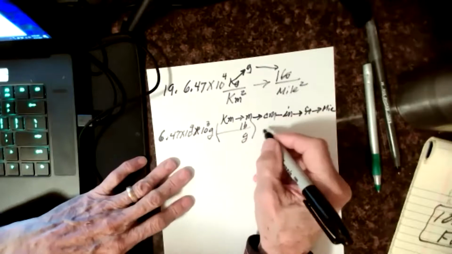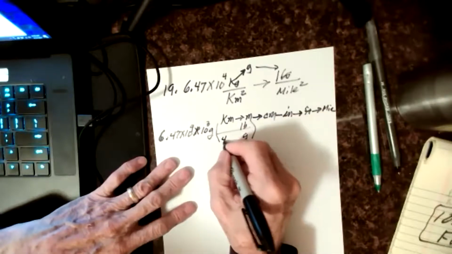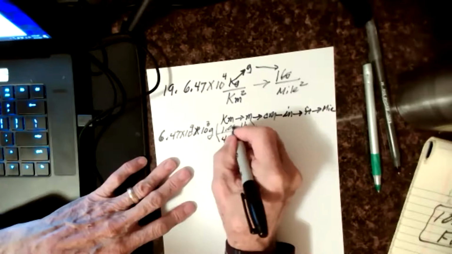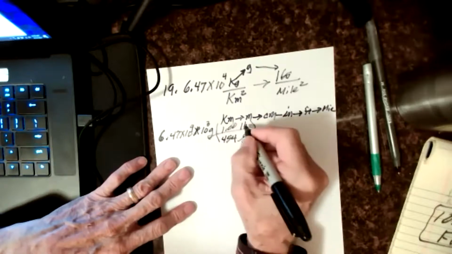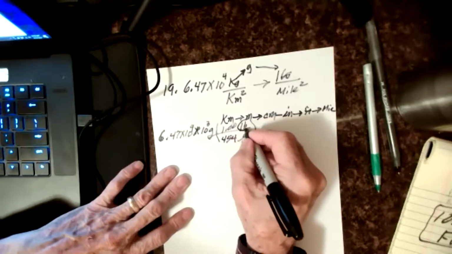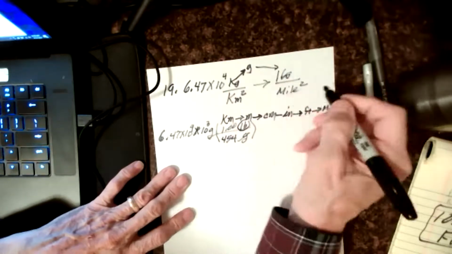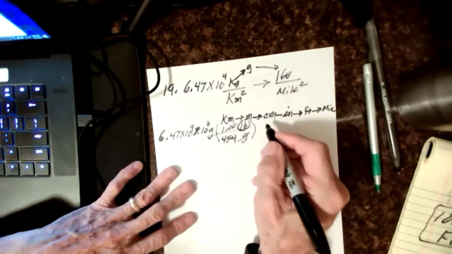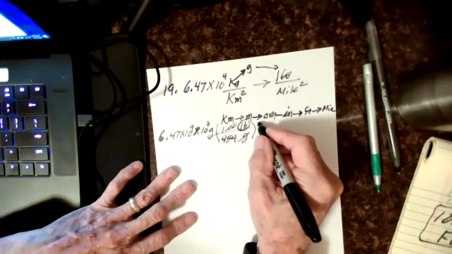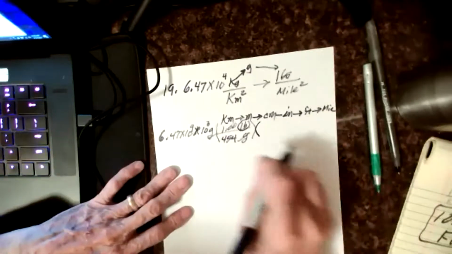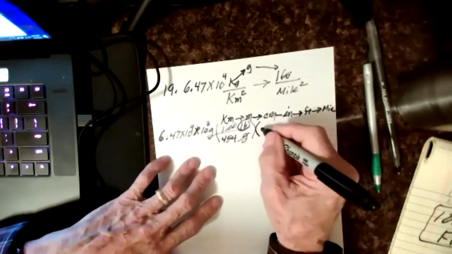I can do that because I remember there's 454 grams in 1 pound. Now, at this stage, I've got pounds where I want them to be in the numerator, so I'm done with this part of the conversion. But I got to go this way now. So I'm just going to string all the factors on, and I'll keep stringing them when I run out of space.